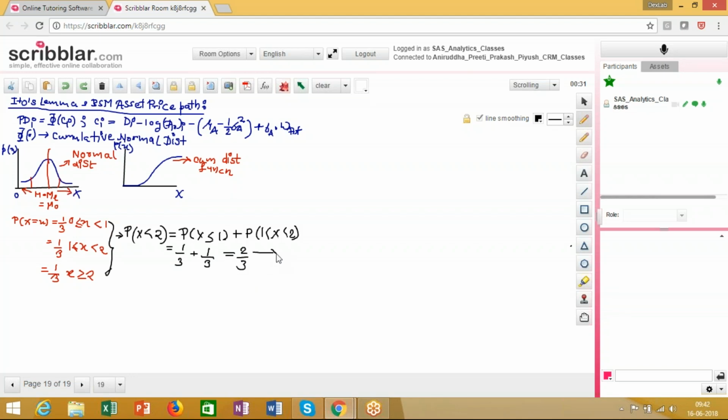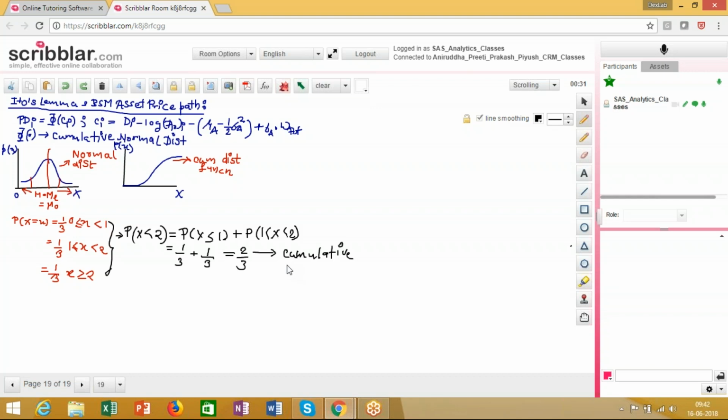So this is called a cumulative probability, where you are adding up probabilities of two or more sets of outcomes to get a single probability value. When I want the probability of x less than 2, I know that it is less than or equal to 1, and then greater than 1 and less than 2.